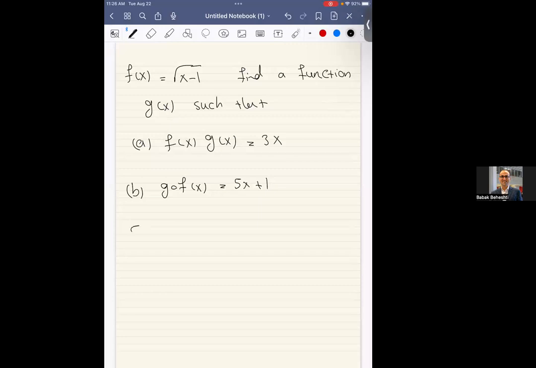And then part C, f of g of x equal to 5x.